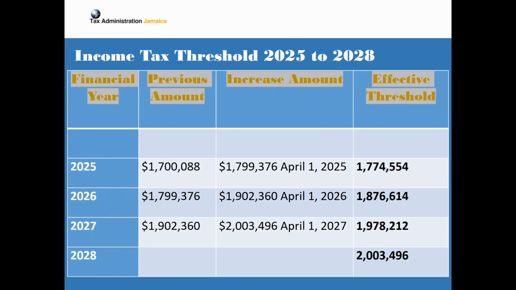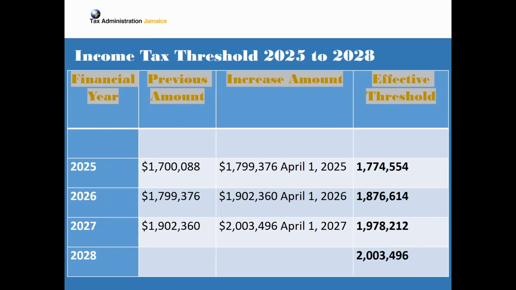The new rate would be $1,799,376, right? So how do we do the maths now? We would take $1,799,376 divided by 12 to get the monthly amount, and then times that by 9 to get the 9 months threshold rate.